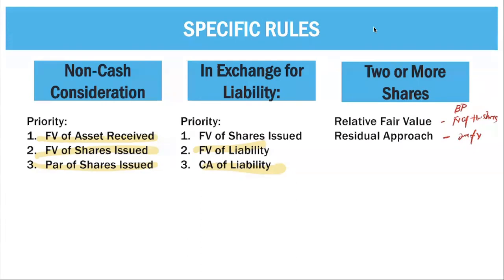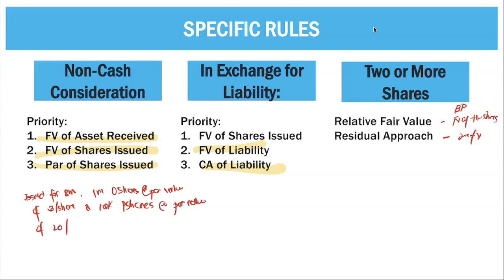Let's say, for example, issued for 8 million pesos, 1 million ordinary shares at par value of 3 per share and 100,000 preference shares at par value of 20 per share.